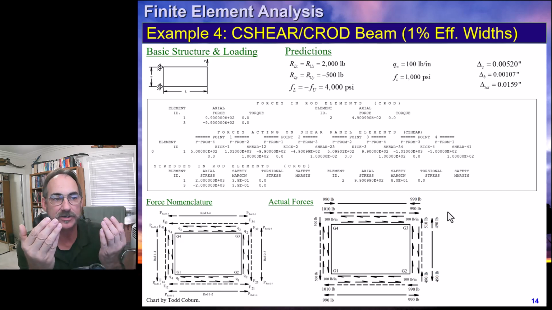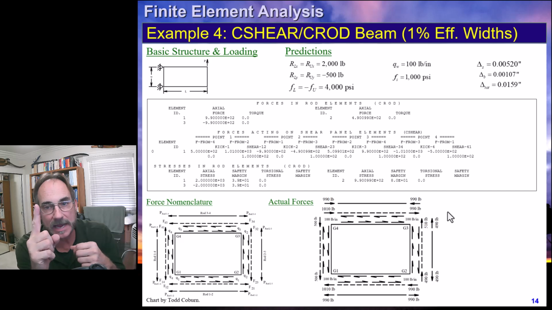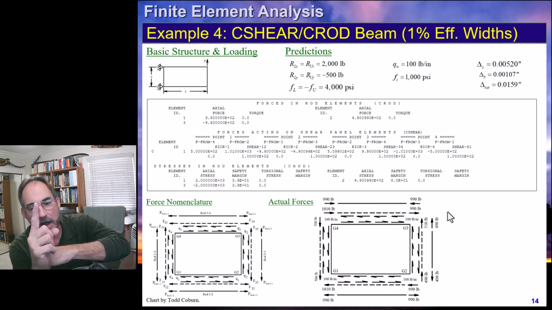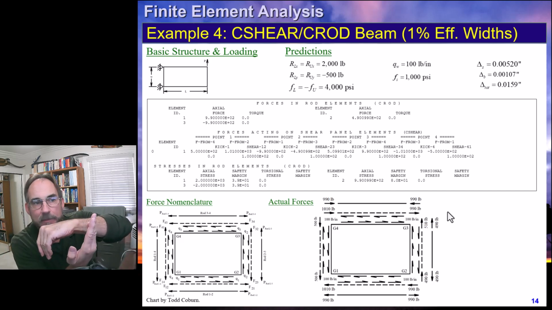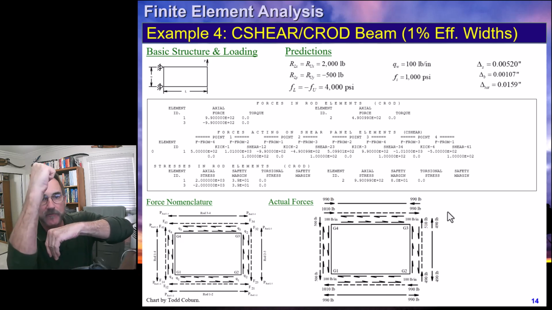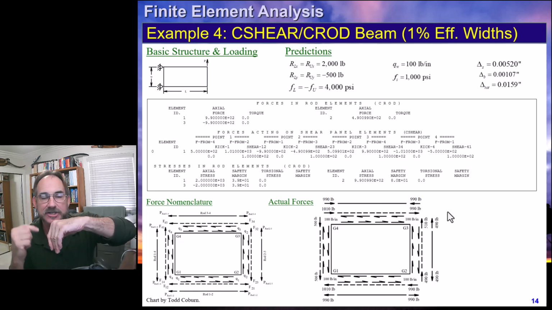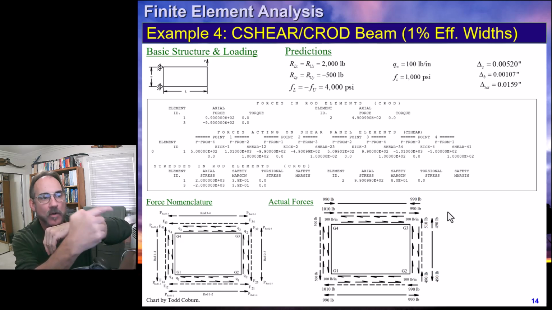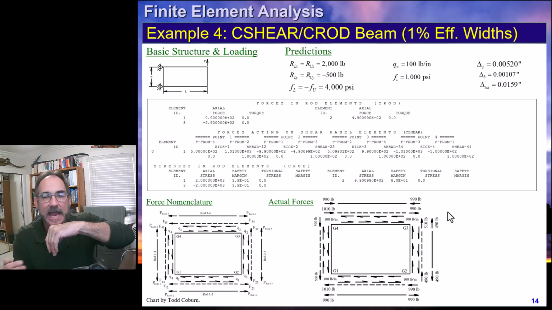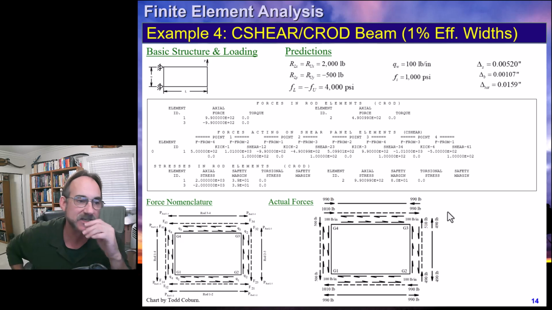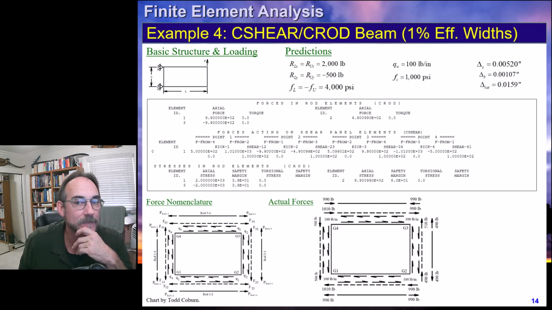The way the load gets into the structure is 1,000 pounds are applied. It runs down that rod. It shears out into the panel, and the zero forces of the upper and lower cap get changed into more and more compression on the top and more tension on the bottom based on the shear flow, as we see here.